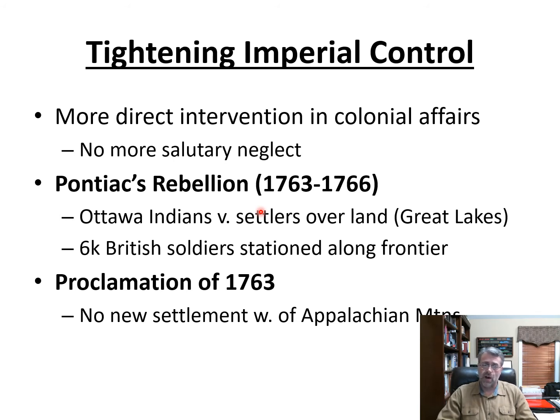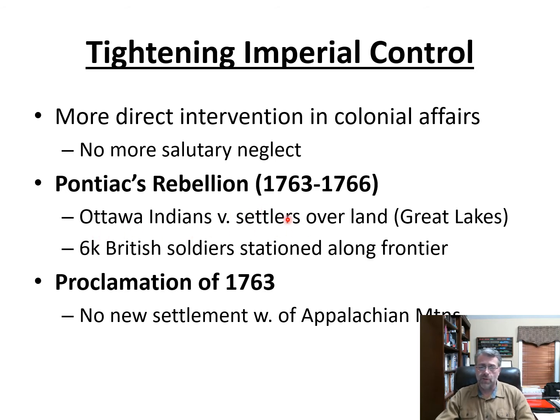So he gets the Ottawa Indians in the Great Lakes area organized and starts a rebellion. And it plays out in very similar ways we've seen in the past. They start attacking frontier settlements and small towns and villages of settlers. And this, of course, attracts attention of the British colonial governments, and they begin to push back against the Indians.